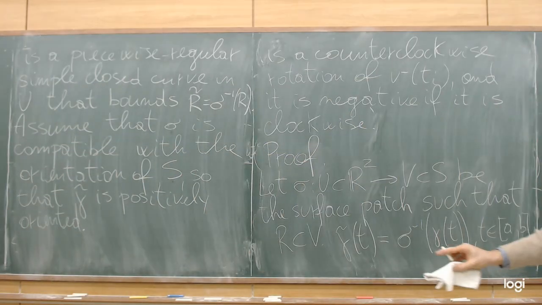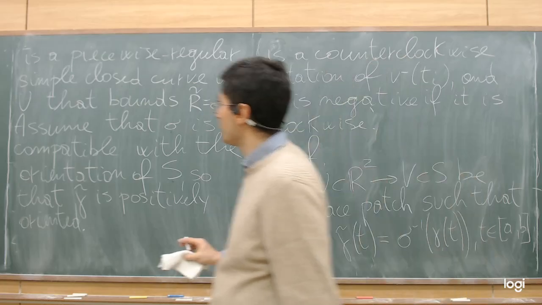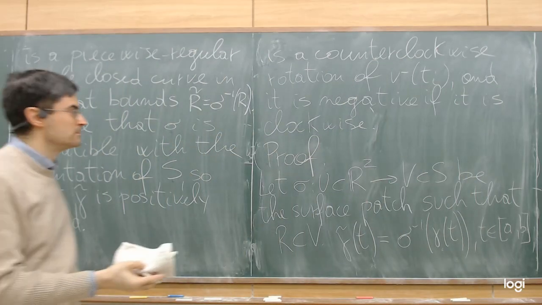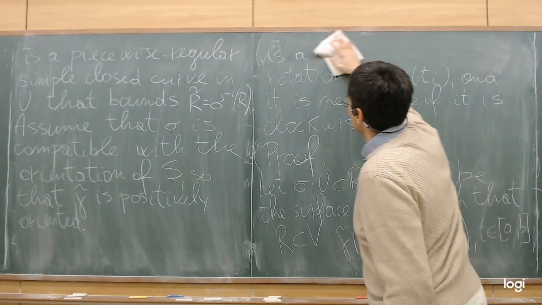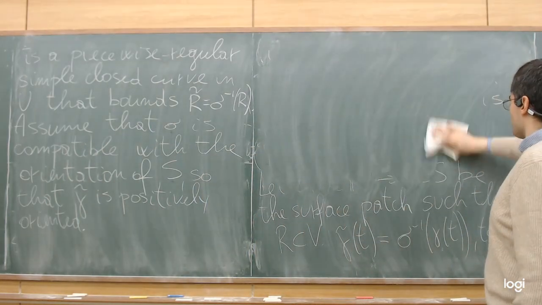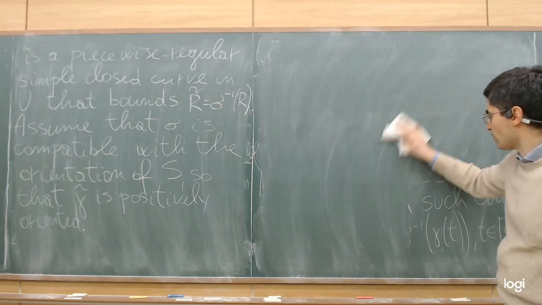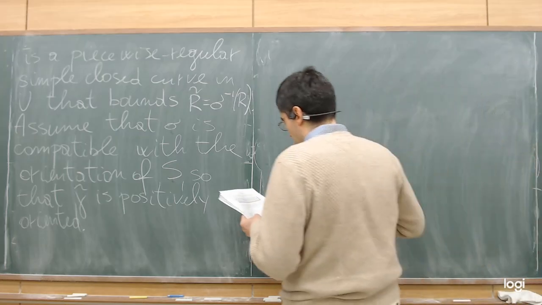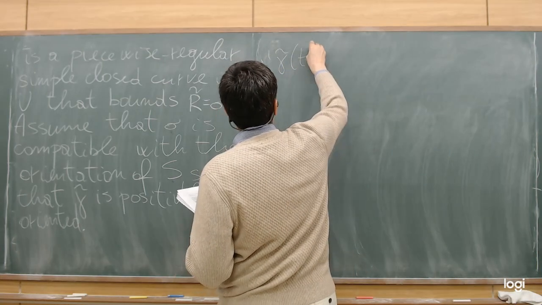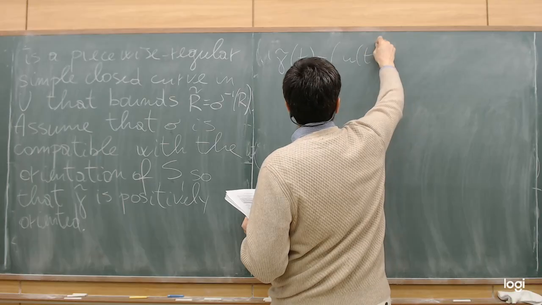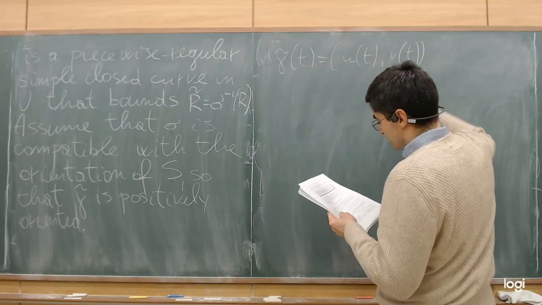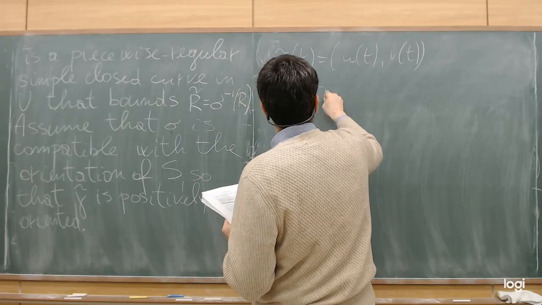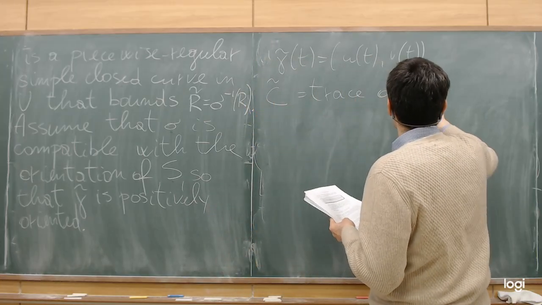Since gamma tilde is a curve in U, which is an open set in R2, then we can write gamma tilde t equal u of t, v of t. And we call C tilde the trace of gamma tilde.